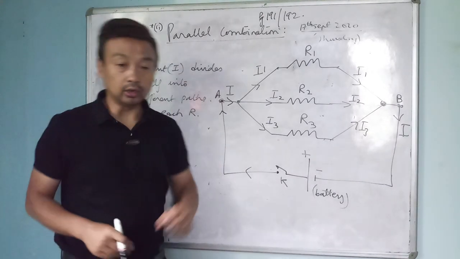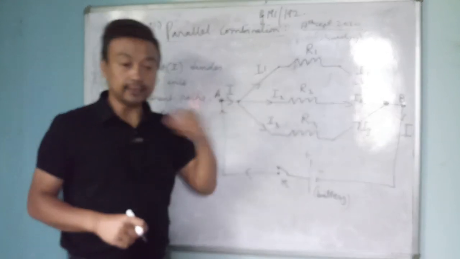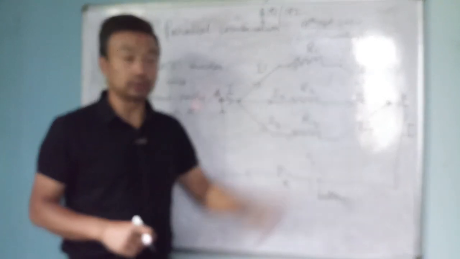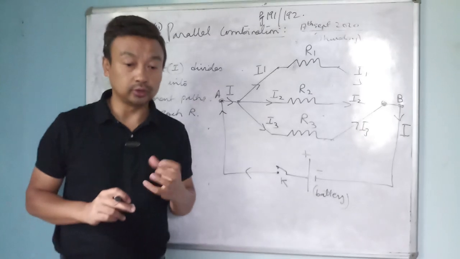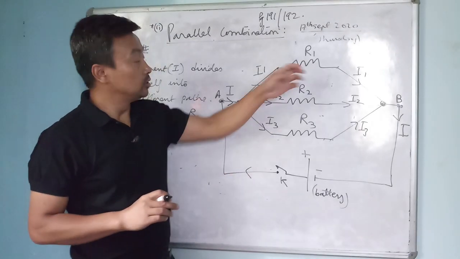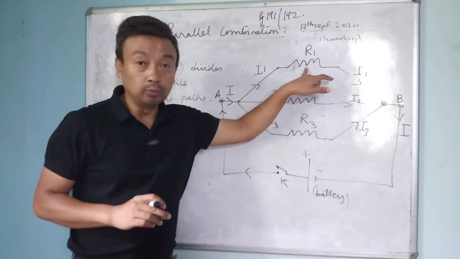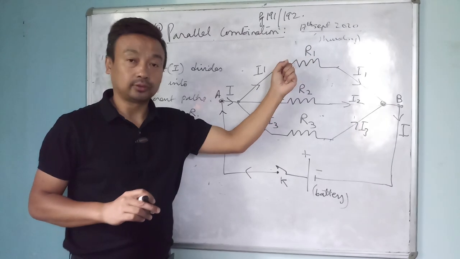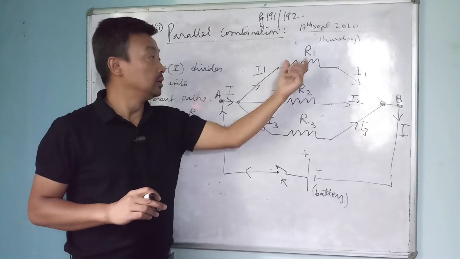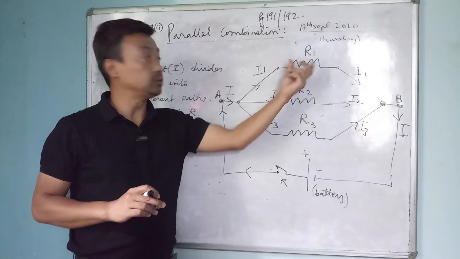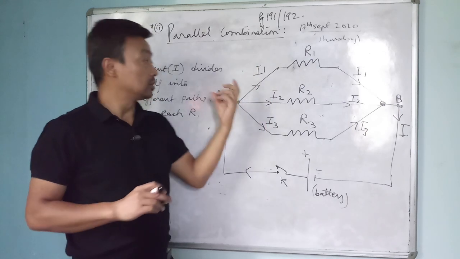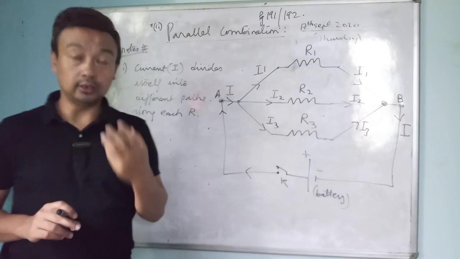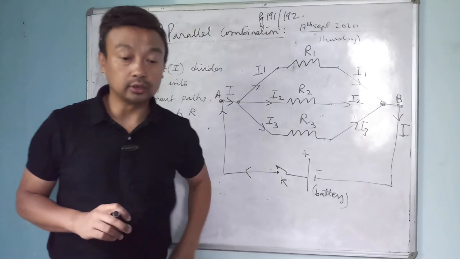Then what you observe here is that the current passing through each resistor will be inversely proportional to the resistance. So if the resistance is more here, the current will be less. Obviously that is the relation between the resistance and the current. So current is inversely proportional to the resistance.